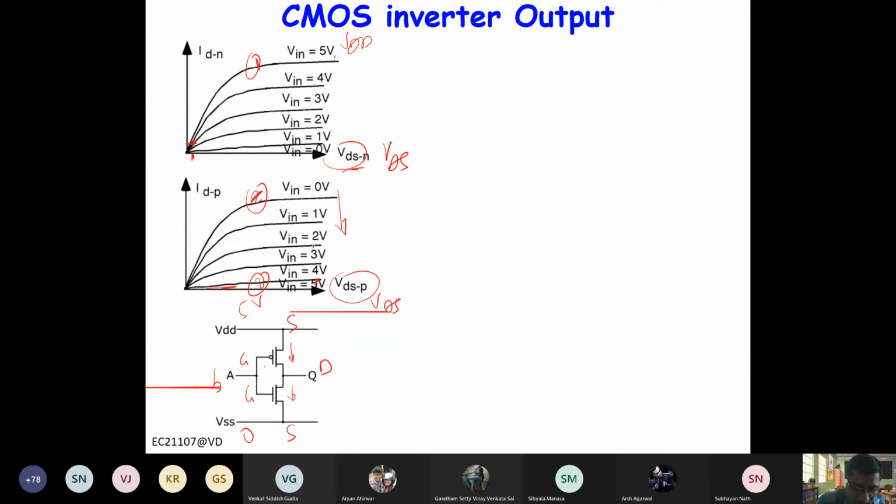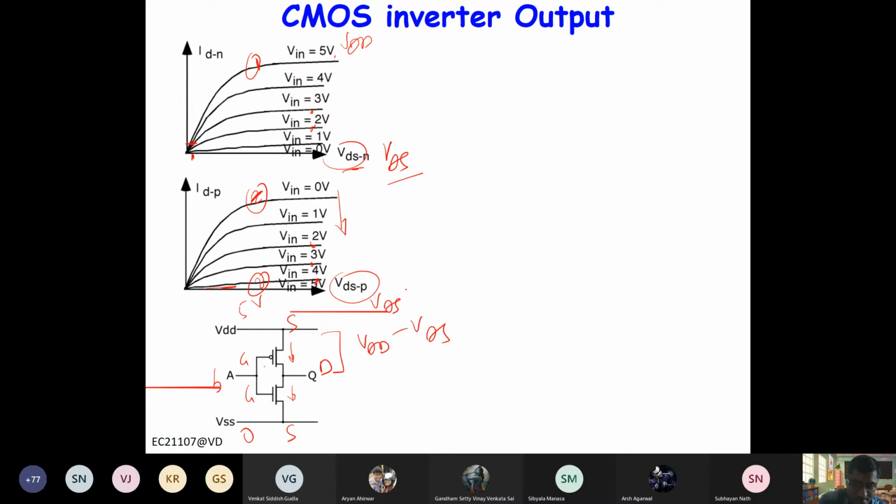Then if you go to, let's say, 2 volt, they can intersect somewhere in the middle, right? Here, 2 volt, so then of course there will be even distribution. So let us put them together. Only difference is that this is VDS positive and they will have opposite direction. So you can write voltage across the VDS of PMOS is VDD minus VDS of NMOS.